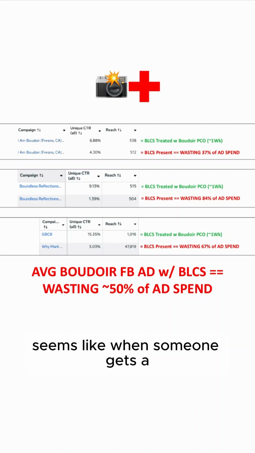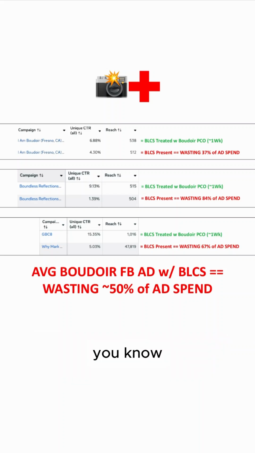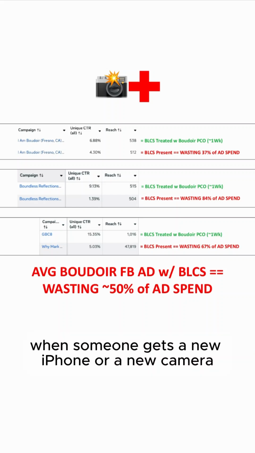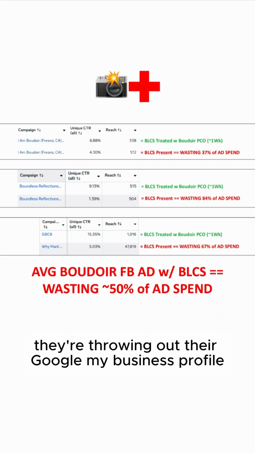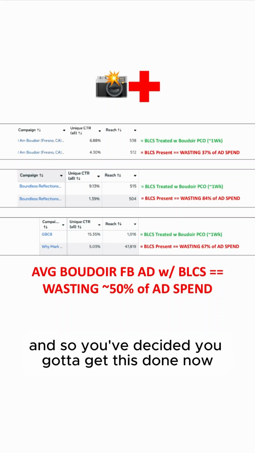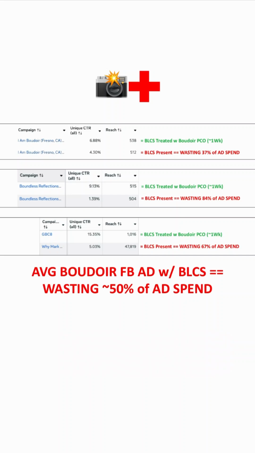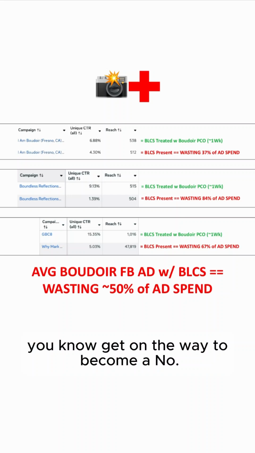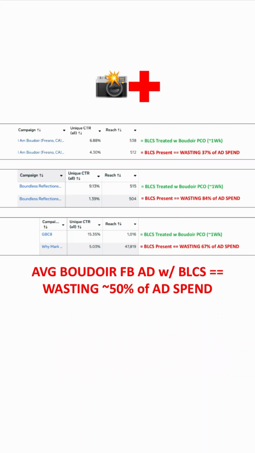Seems like when someone gets a new iPhone or a new camera, they're throwing up their Google My Business profile. And so you've decided you've got to get this done now, pull this profit out now and become more efficient now, so you can get on the way to becoming the number one boudoir photographer in your city.